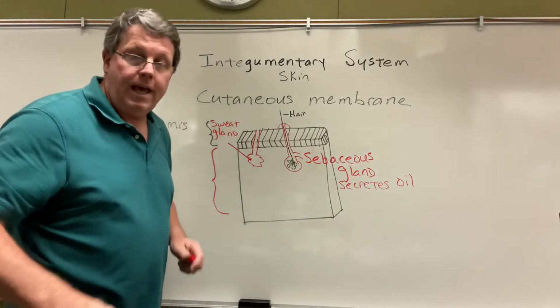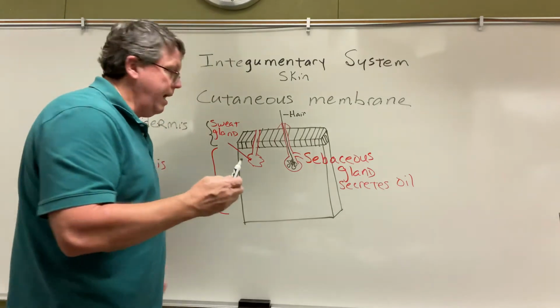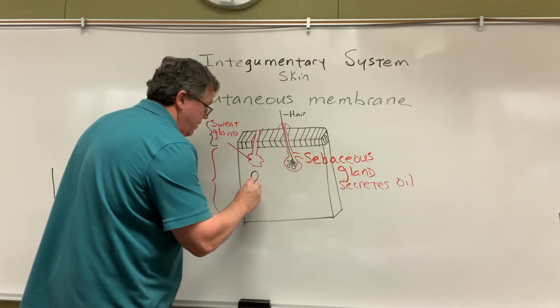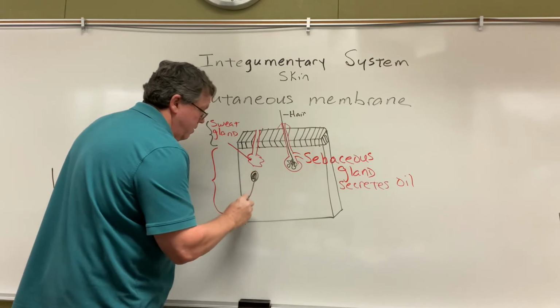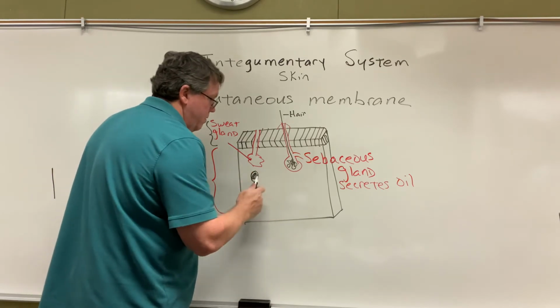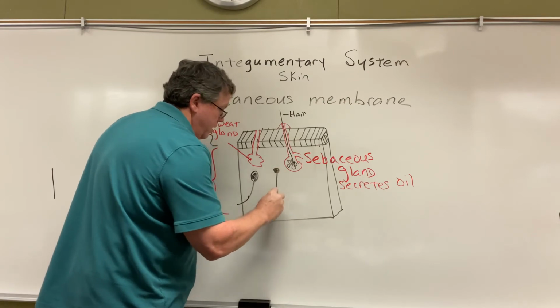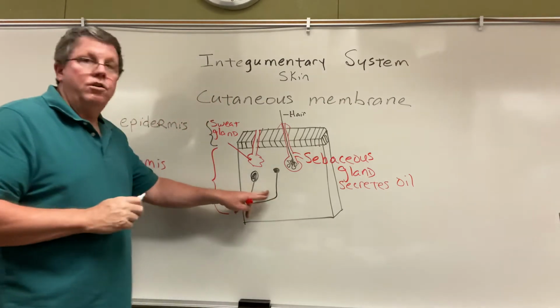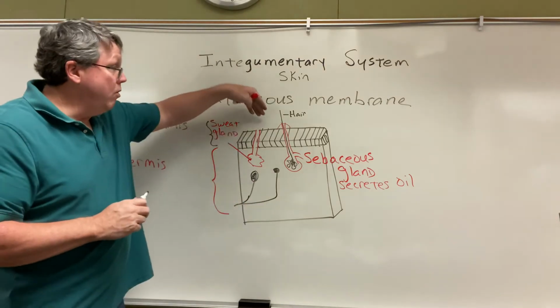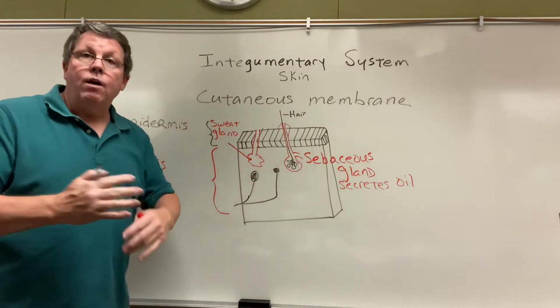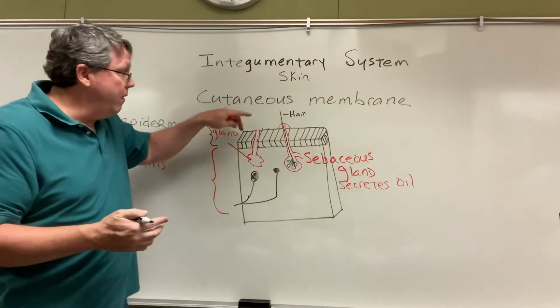The other thing I'm going to have is I will have some touch and pressure receptors. So let's go like this, and there's a receptor there. Here's another one here, and so what these are is they're nerves. So when someone presses on the skin, it will activate these, and that's how you can tell when something's on your skin. Let's say a little bug's on there.